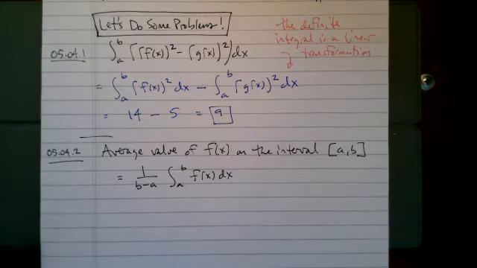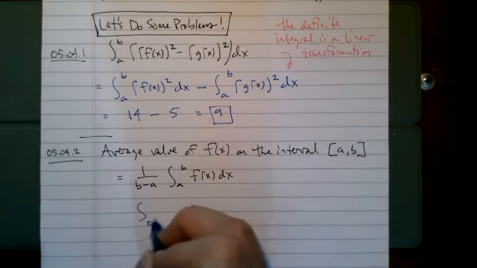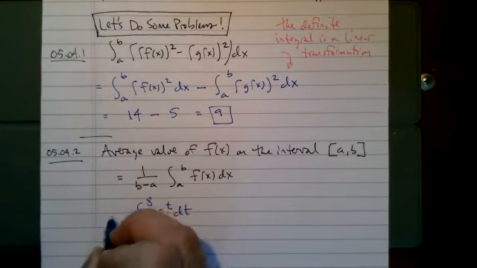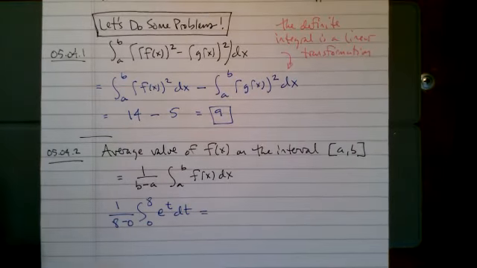So what we want to calculate in problem 2 is the average value of the function e to the t over the interval from 0 to 8. So we're going to take the integral from 0 to 8 of e to the t dt, and then we just multiply by 1 over 8 minus 0. And for this, we can just use a calculating machine.